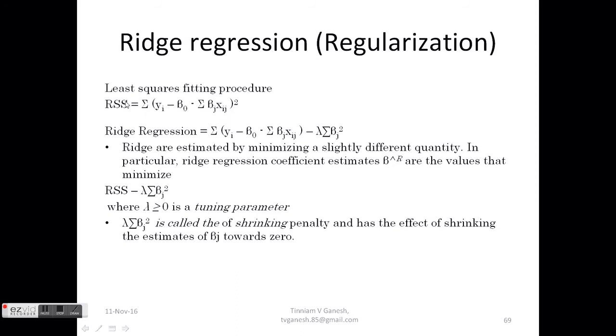This is just what you have already seen, the mean square error. Not mean square, really, because mean square would have had the n minus 2 denominator, but this is just the residual sum of squares.